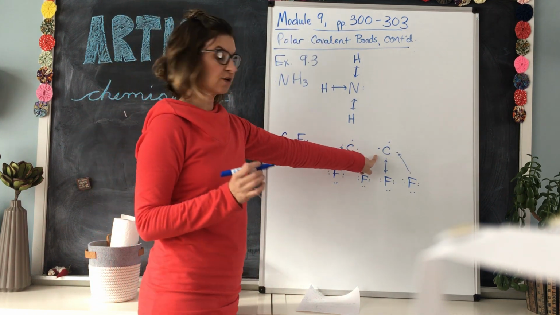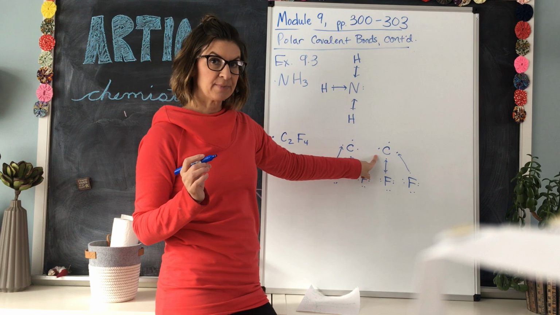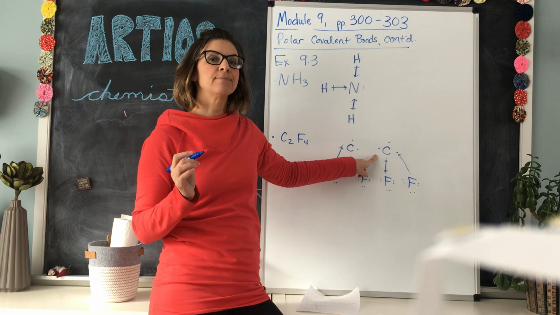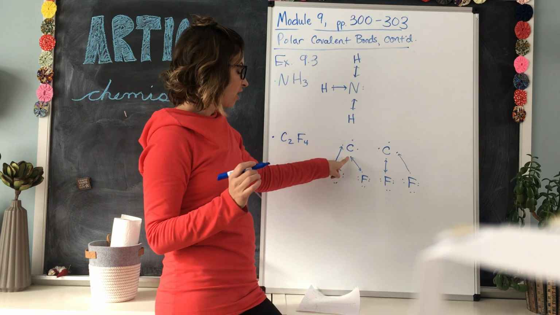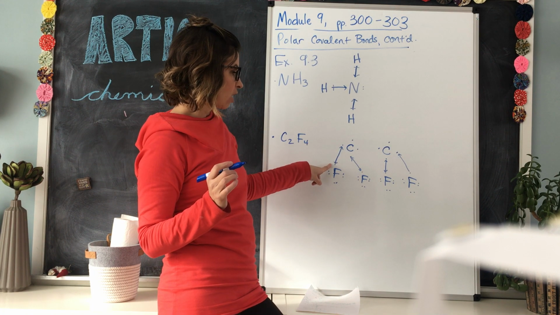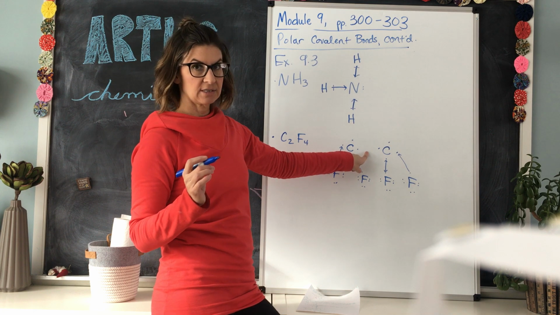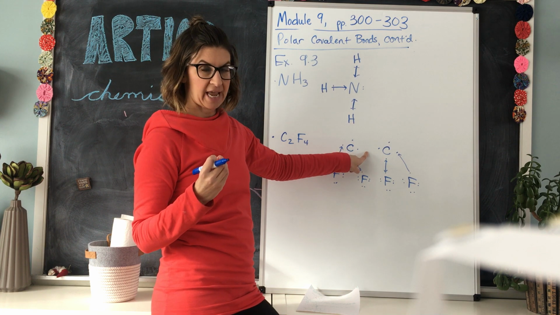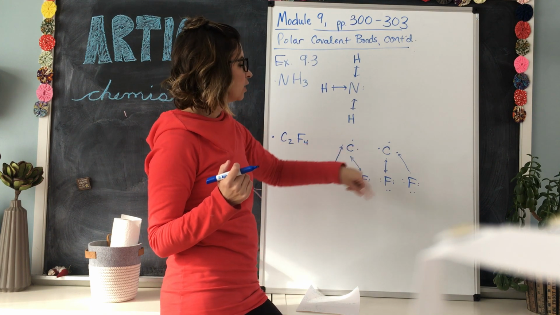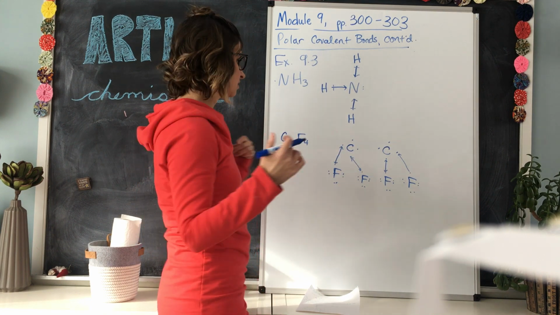We know that the carbons are going to be in the middle because remember you have to look at which atom has the most unpaired electrons, and carbon had 4 unpaired electrons. Fluorine only has 1. So the carbon atoms are going to be the central atoms in the molecule, and then the fluorines will attach on the ends of the carbons.